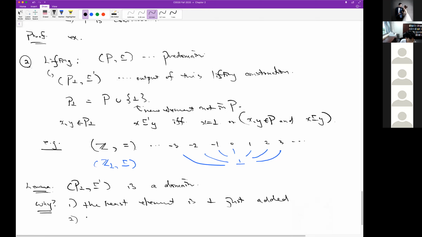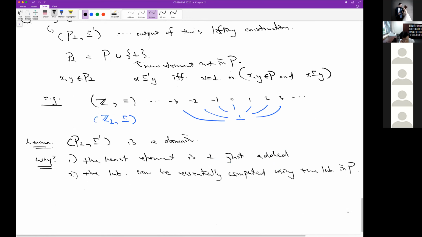And then the least upper bound of a chain can essentially be computed using the least upper bound in P. Because any chain whose least upper bound is not in the chain should essentially be a chain in P. So if you just take the least upper bound in P, that's going to form the least upper bound in P lifted.